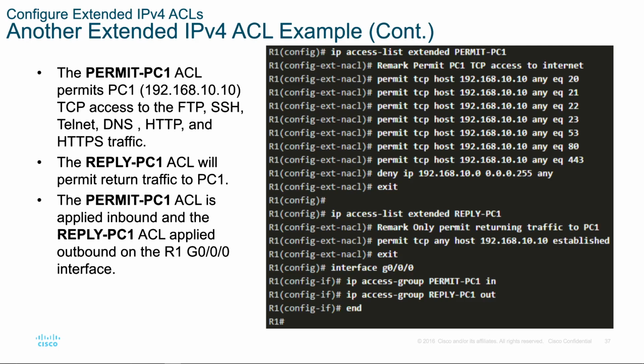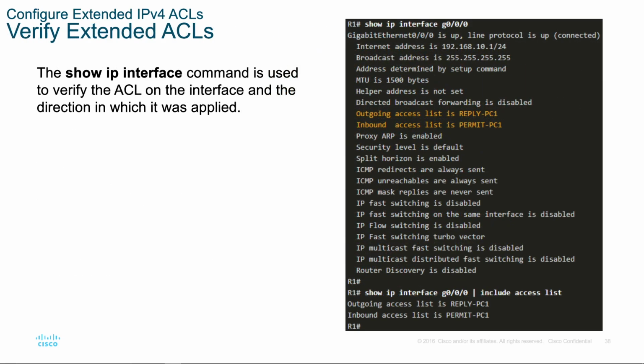Then any traffic that is TCP coming back, that is established, going to this PC. And again, we apply it with the access-group command on the interface, one going in, one going out, and we would have matches against those protocols.